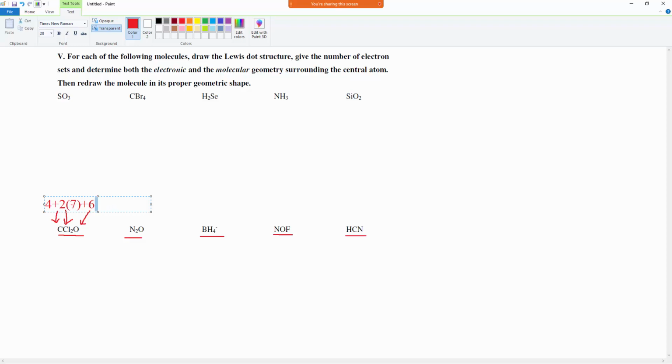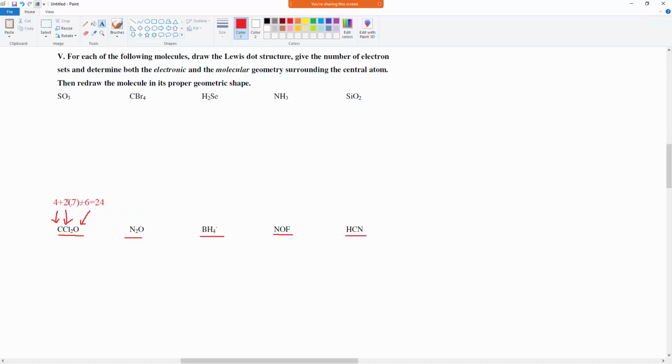Perfect. 4 plus 2 times 7 plus 6. There we go. For a total of how many electrons? 24 electrons. Okay.